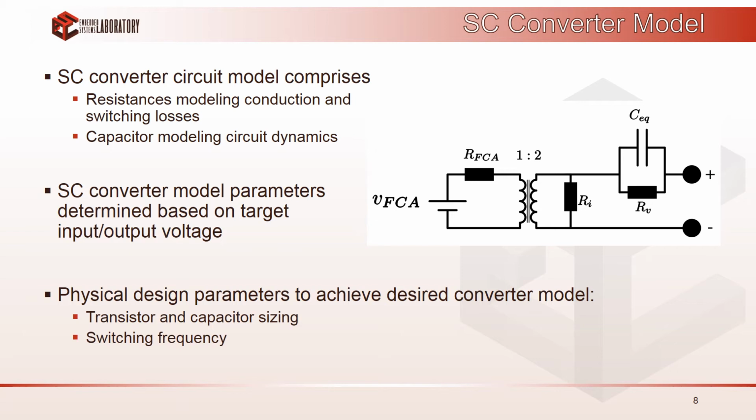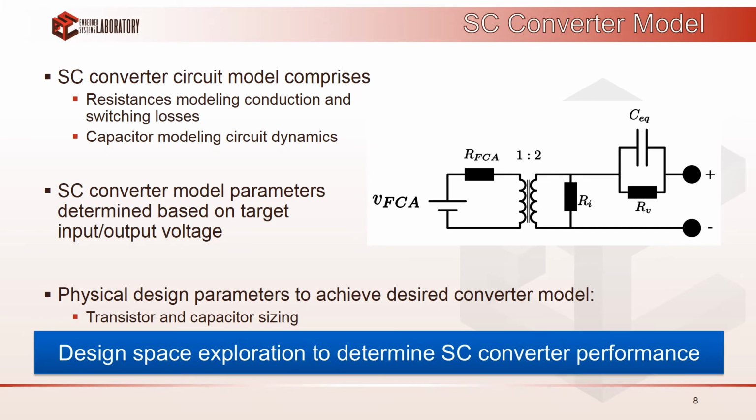And once they are determined, the physical design parameters of the circuit need to be adjusted to match the desired converter model, namely transistor sizing, determining the resistances, and the capacitor sizing and switching frequency for the dynamics. Hence, we perform a design space exploration to choose the SC configuration with the desired performance.